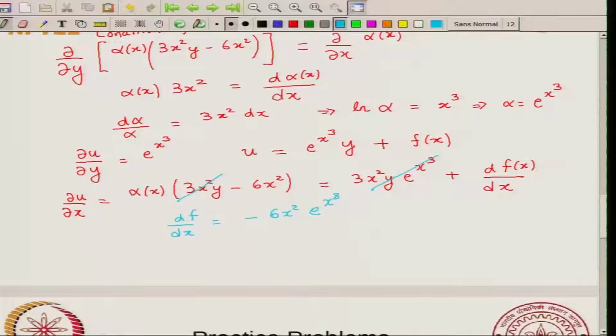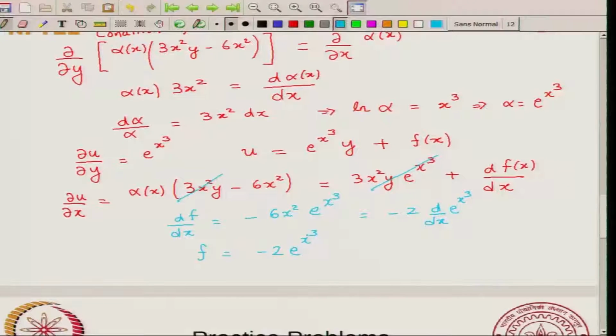And you can solve this, and you can immediately see that the derivative of e raised to x cube will be e raised to x cube into 3x square. So, this is nothing but equal to minus 2 d by dx of e raised to x cube, and so what you get is that f is equal to minus 2 e raised to x cube.